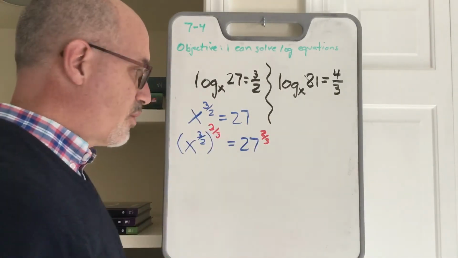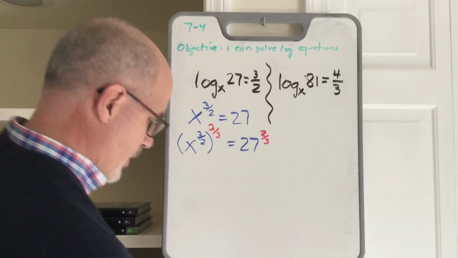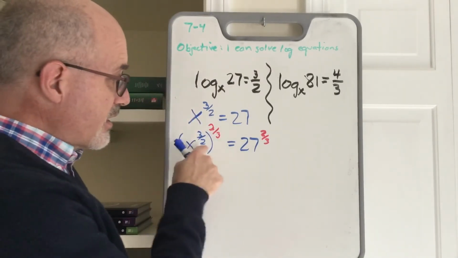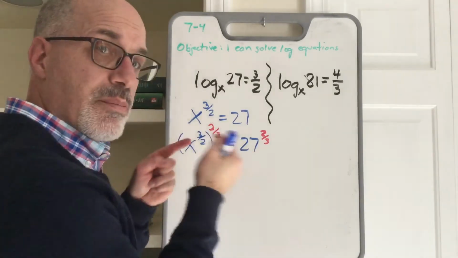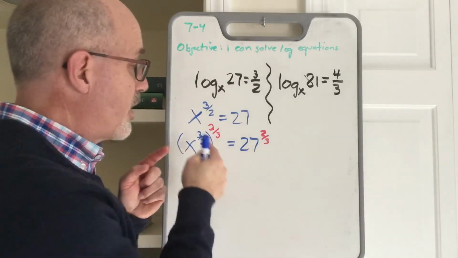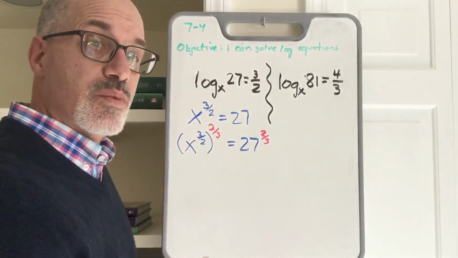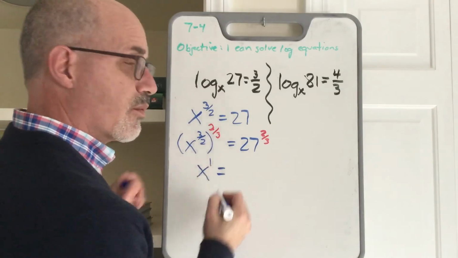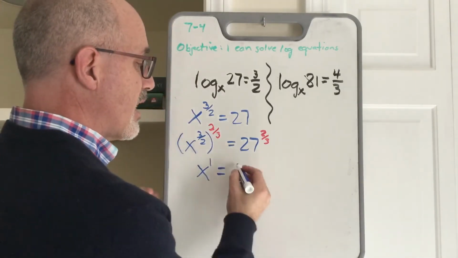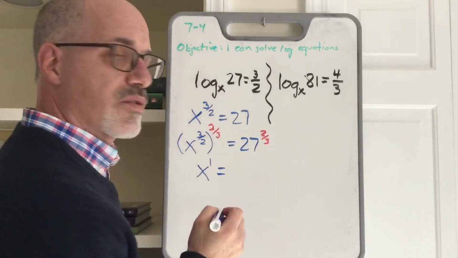What that 2/3 does for us is, when I take x to the 3/2 to the 2/3, you multiply those two exponents together and you get 6/6, which is 1. So you get just x to the first, which is what we're trying to find. Now I've got to do 27 to the 2/3 power.